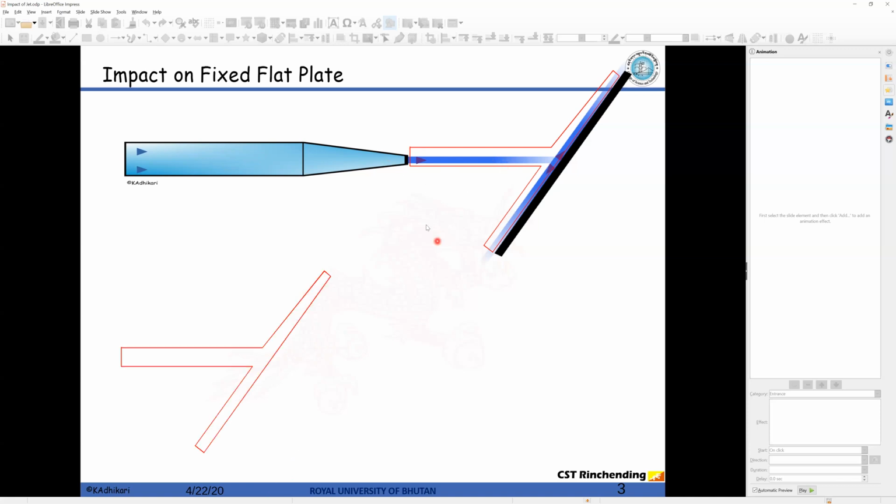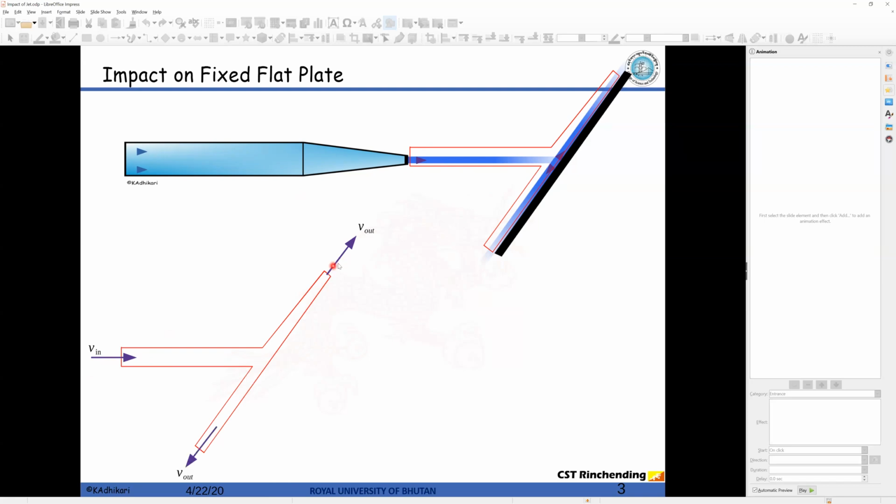So to analyze this problem, let's draw this control volume, and let's understand from where there is a momentum influx into the control volume, and from where there is a momentum outflux of the system. So we know that there's a velocity that is coming in, right? This is the velocity that is coming in, and the velocity that is going out from here.